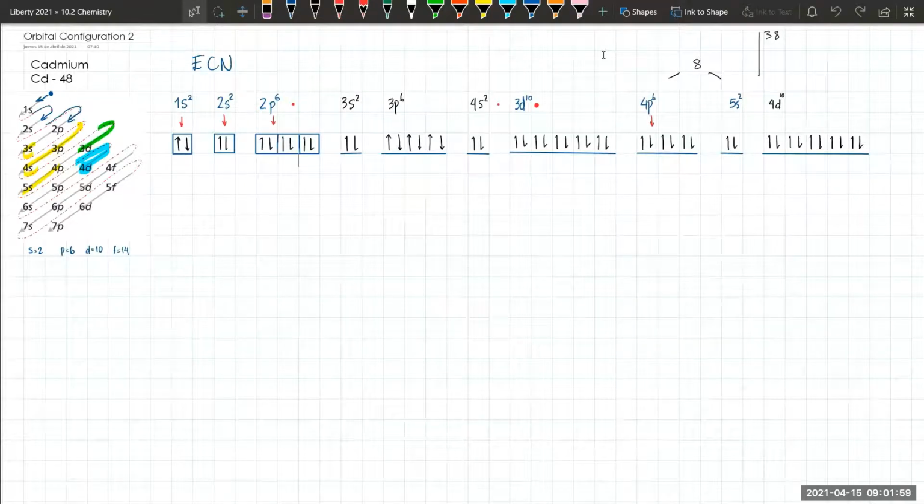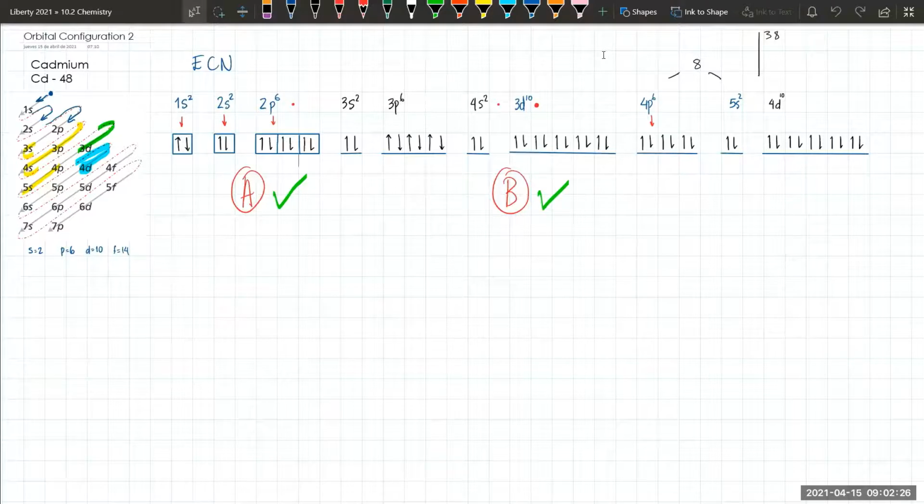Now, what method do you prefer? Do you prefer the boxes or do you prefer the lines? A or B? B. I think B is easier. Now, this one looks a lot better, but B also works. So I suggest you use the one that you feel more comfortable with.